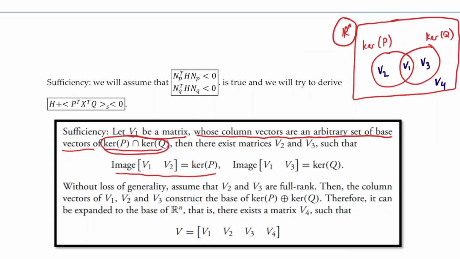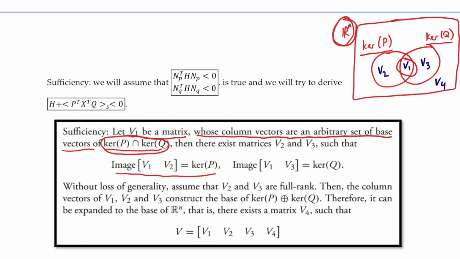Let's imagine Rn space, and let's imagine the two sets, kernel P and kernel Q. V1 is in the space that is the intersection of kernel P and kernel Q.